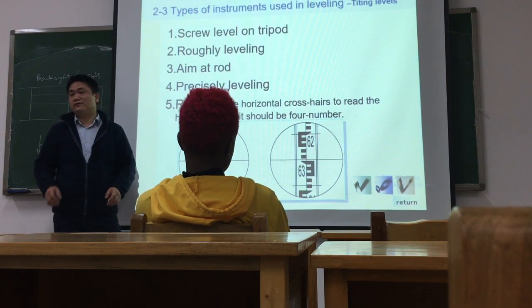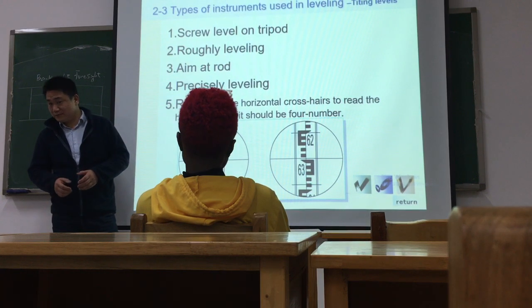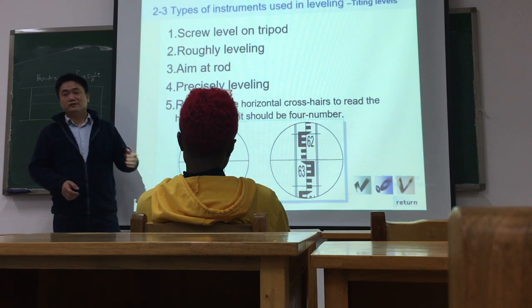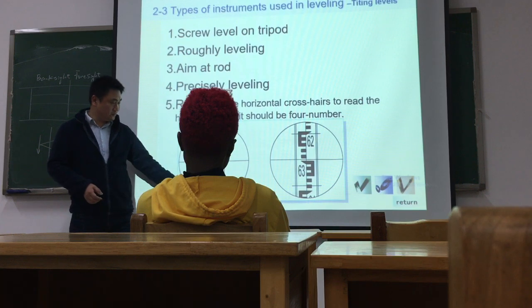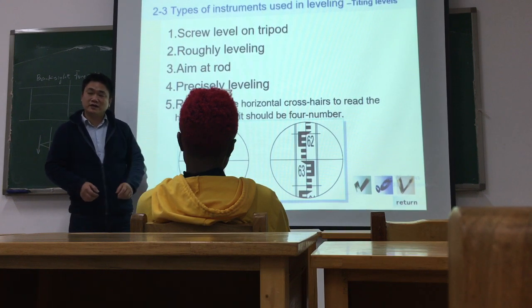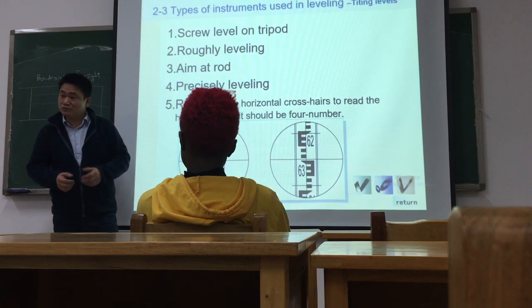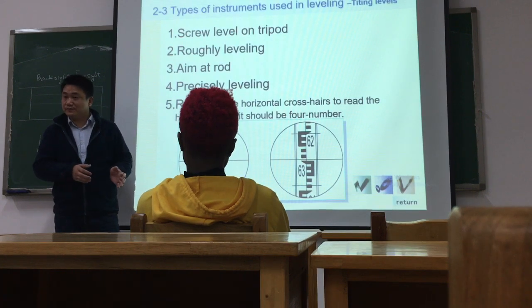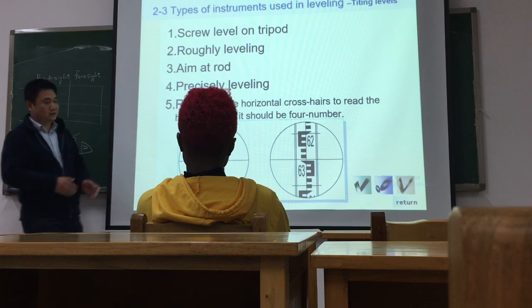Of course, if you want to survey the distance between the instrument and the rod, we use these two short horizontal hairs to get the readings, and then multiply by 100, and then we can get the distance between the instrument and the rod. Roughly. Okay.